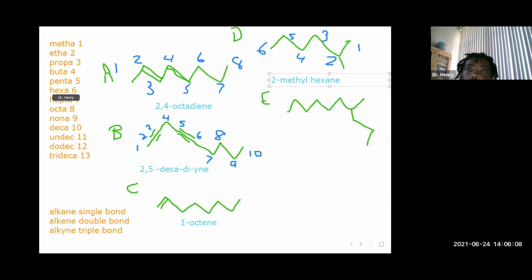Okay? Okay, so here, let's take a look at E. The first thing that we want to do is to do what? Find the longest carbon chain, right? So let's say if I started here, 1, 2, 3, 4, 5. That's not it, there's something longer?